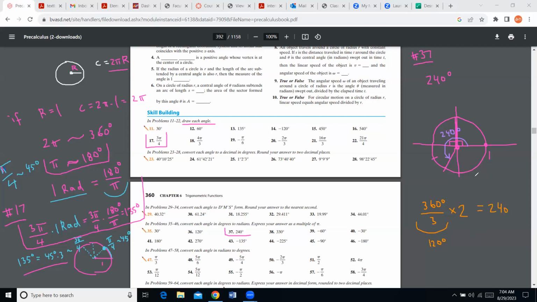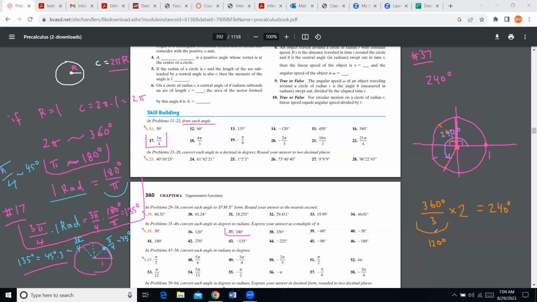In other words, I have these 3 pieces that I cut my 360 into, and then take 120. So I guess you don't have to think of it this way, but it's just an example of how you can intuitively get to this 240 degrees.